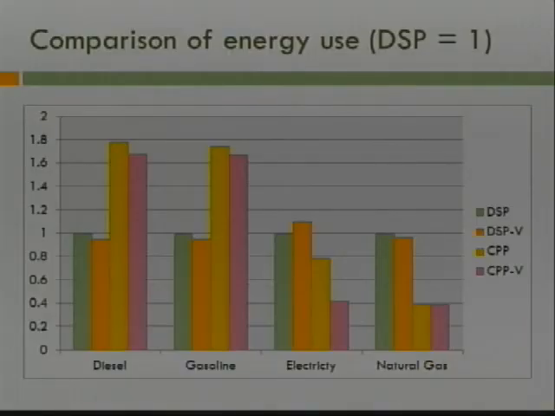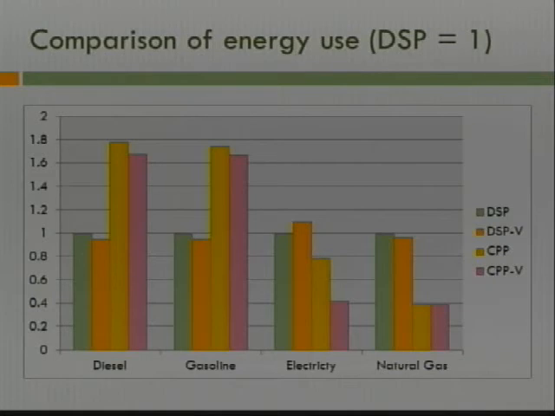So the next graphic shows a comparison of energy use. And because the scales are so different, megawatt hours, hundreds of millions of cubic feet of energy, what we did in this chart is show if we assume the developer-sponsored plan equals 1.